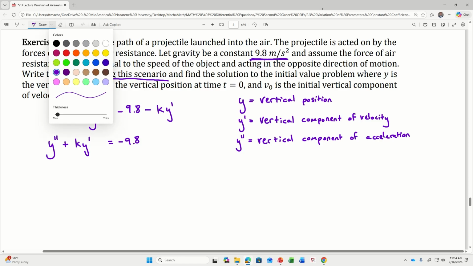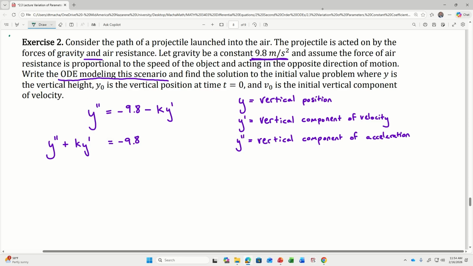And so the first thing we would do is we would pretend it's homogeneous. And in the homogeneous version, the characteristic equation looks like this. So my solutions for r will be zero and negative k.